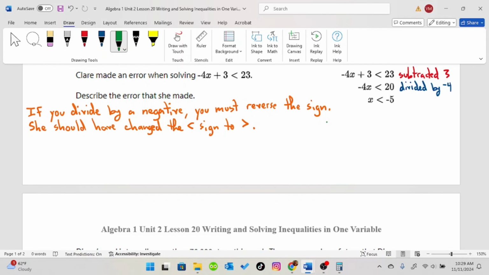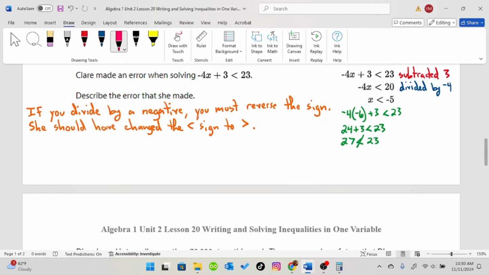So we could try negative 6. Negative 4 times negative 6 becomes positive 24. 24 plus 3 becomes 27. And 27 is not less than 23. So her answer is wrong.